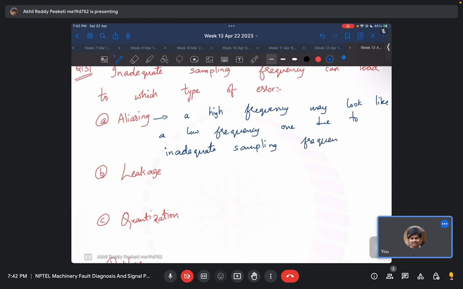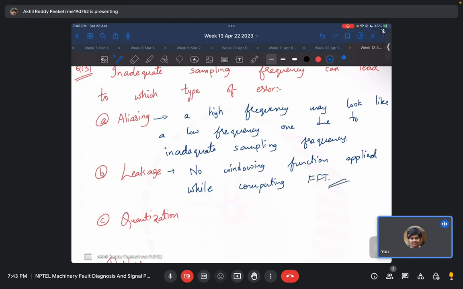Okay, and the leakage error comes because no windowing function is applied while computing the FFT.